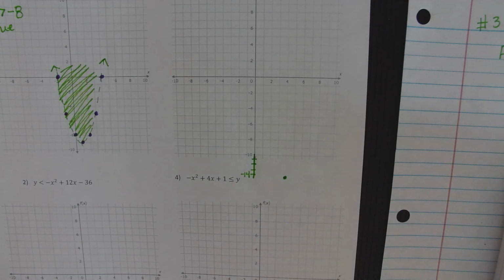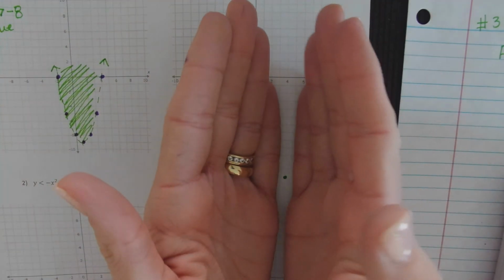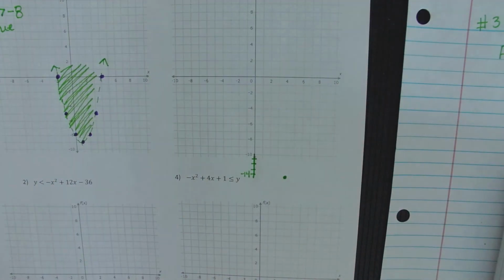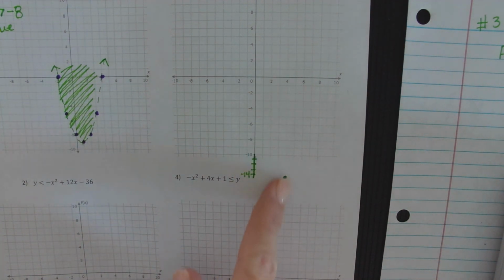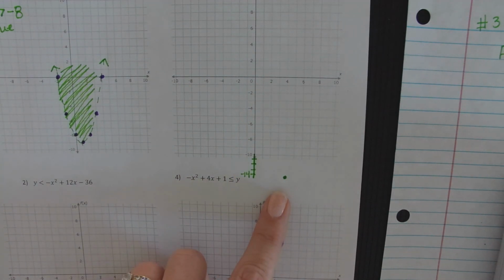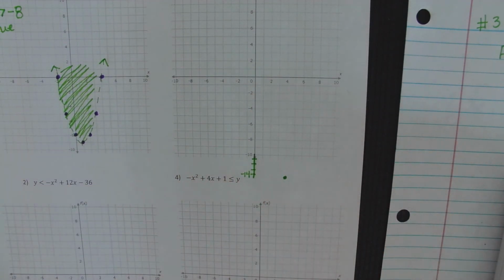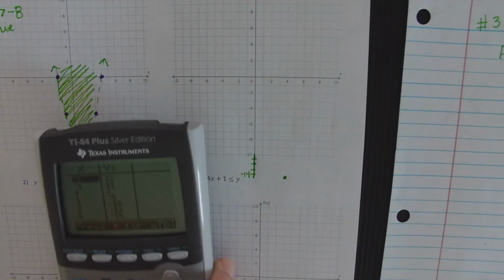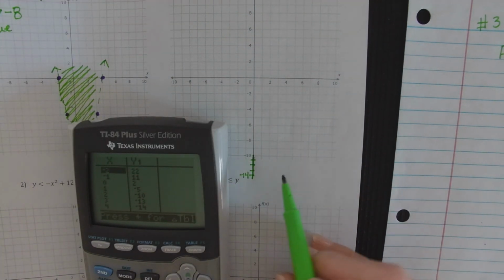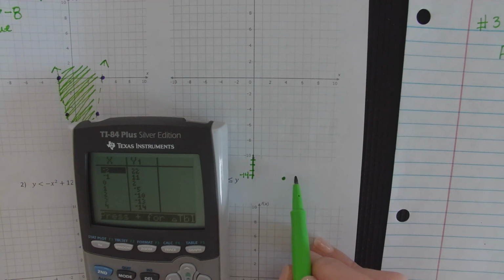Keep in mind, this is where I can fold this parabola in half. All right, so I'm at x equals 4. If I folded this paper, this is the middle of this parabola. Let's look at our table. We're going to focus on the left and the right.